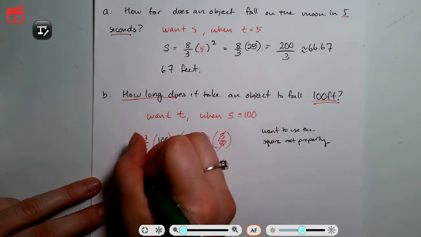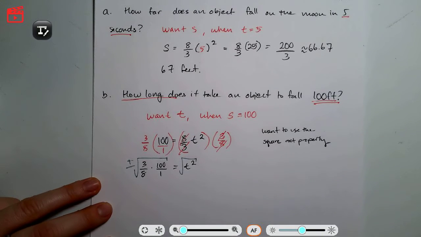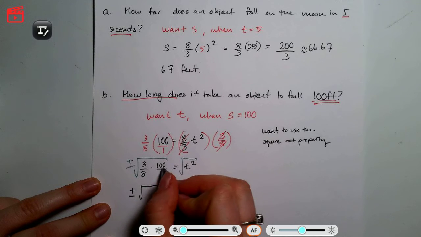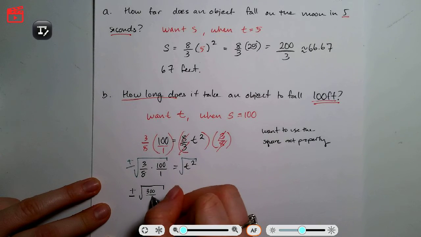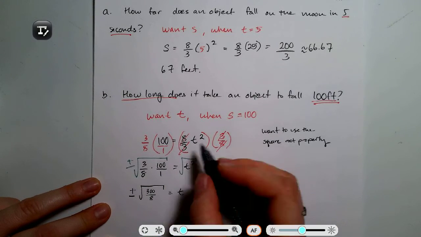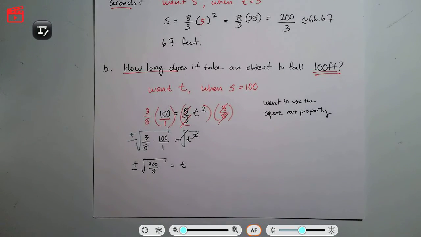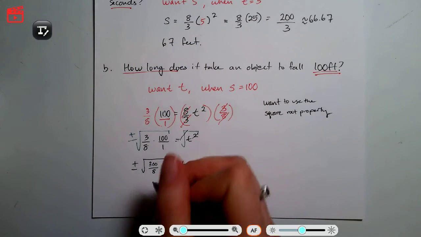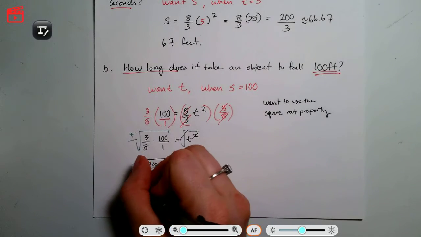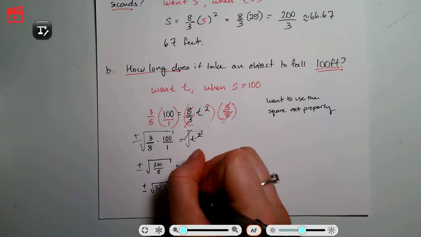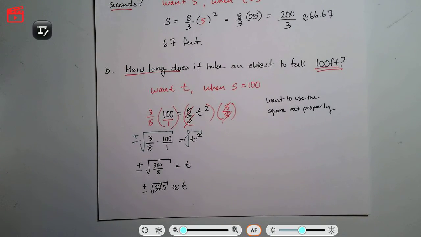When I do that, remember we need the plus or minus. So plus or minus the square root of 3 times 100, which is 300, all over 8, equals t. We can simplify that. What is 300 divided by 8? It's about 37.5. Then we take the square root of that.